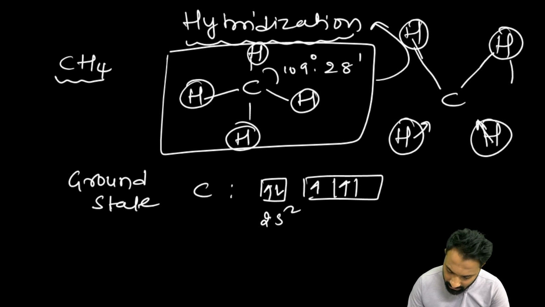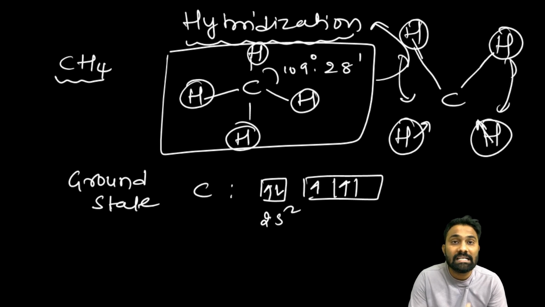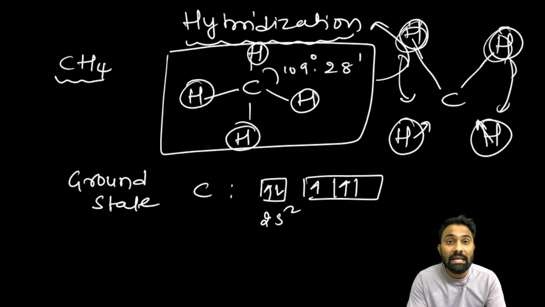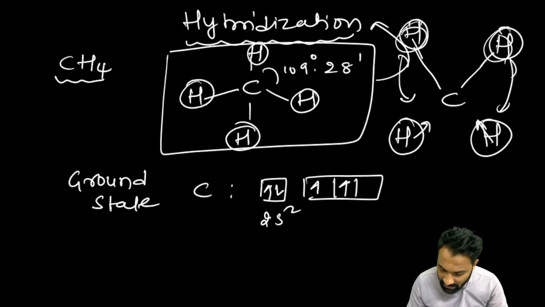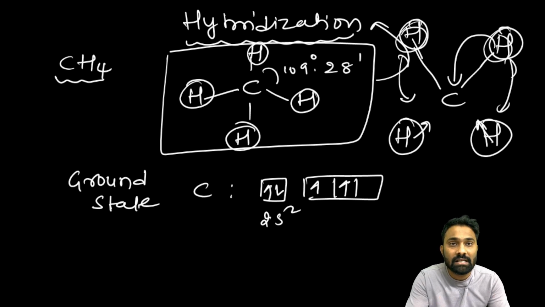But the bonded hydrogens will repel these two hydrogens. Due to that repulsion, energy is released. That repulsion energy is utilized by the central carbon.